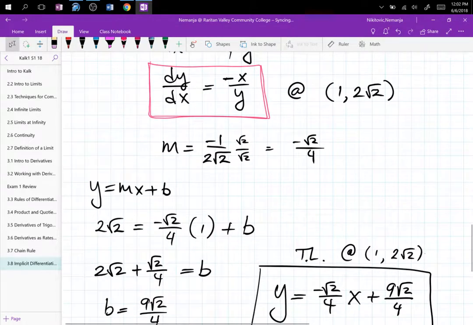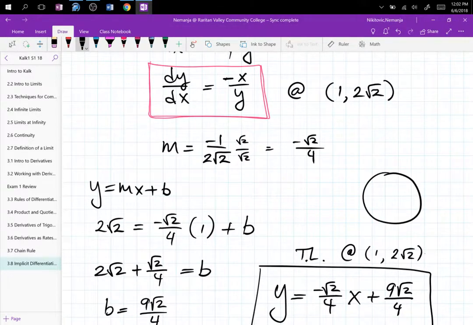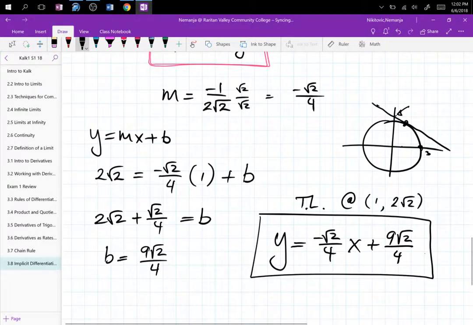The graph for this should be, that's the origin, and if this is 3, number 1 is here, so we'll have a tangent line which goes like this. You see that you have a positive b, and you also see that the line has a negative slope, which you do have. So even from a sketch, you can at least hint that what you did is correct.